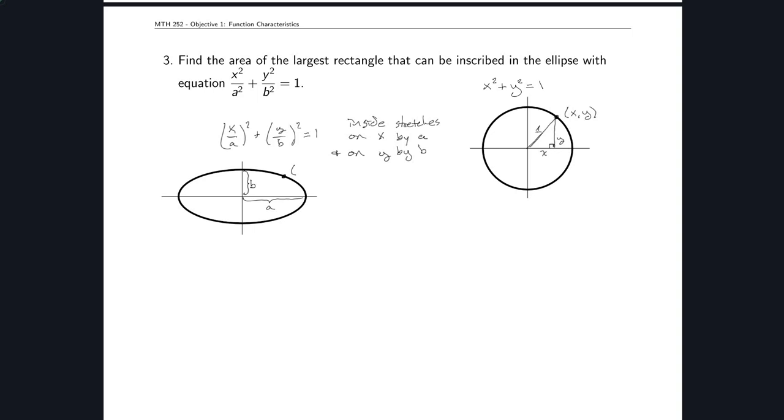So here we still have our point x comma y, but by using transformations we can just see how the original circle has been stretched into an ellipse in this manner. Okay, so that's where this equation is coming from.